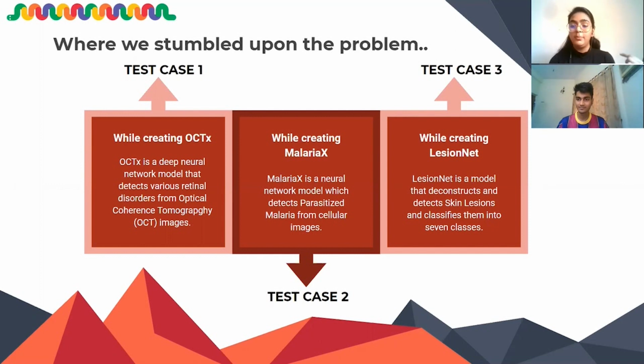How we stumbled upon this idea, in particular, is when my co-presenter and I were working on various problems in the domain of medical imaging. For example, detecting various retinal disorders from OCT images, detecting parasitized malaria from cellular images, which is a binary classification problem, or a multi-class problem of classifying skin lesions into 7 classes.